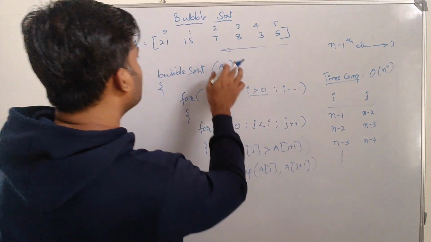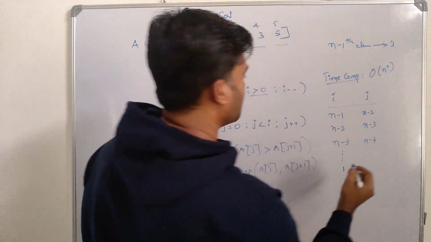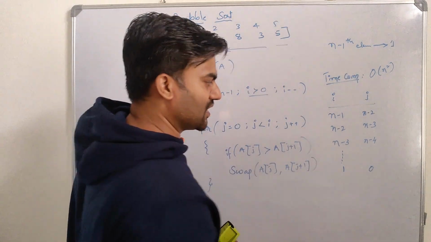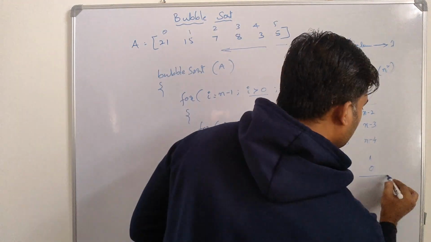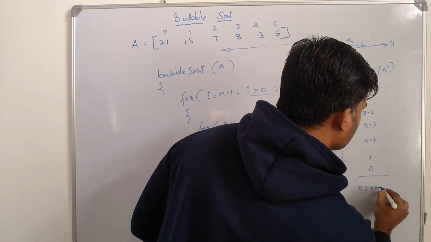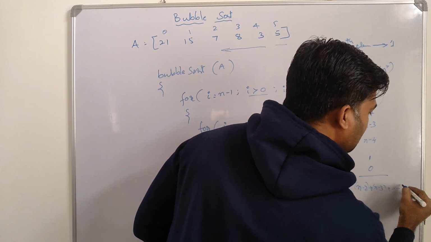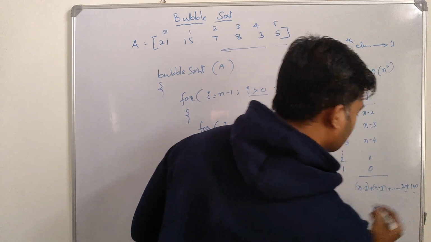Likewise, when we reach 1, this executes almost 0 times. So when it was 2, it will be 1. If we sum this up, it is n minus 2 plus n minus 3 and so on till 2 plus 1 plus 0.